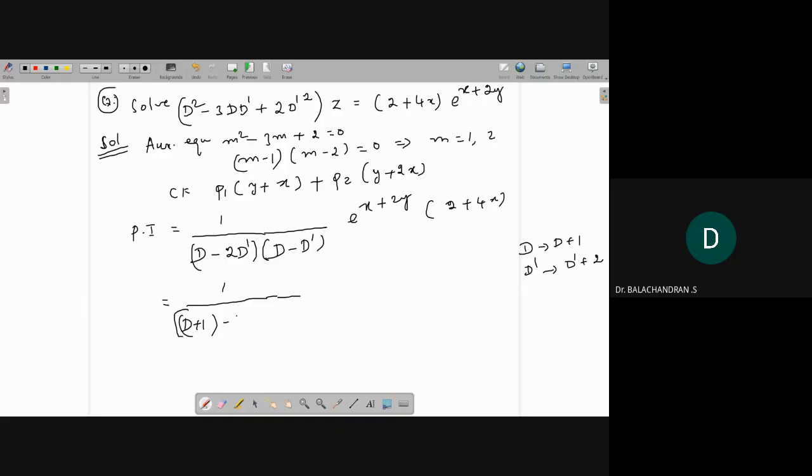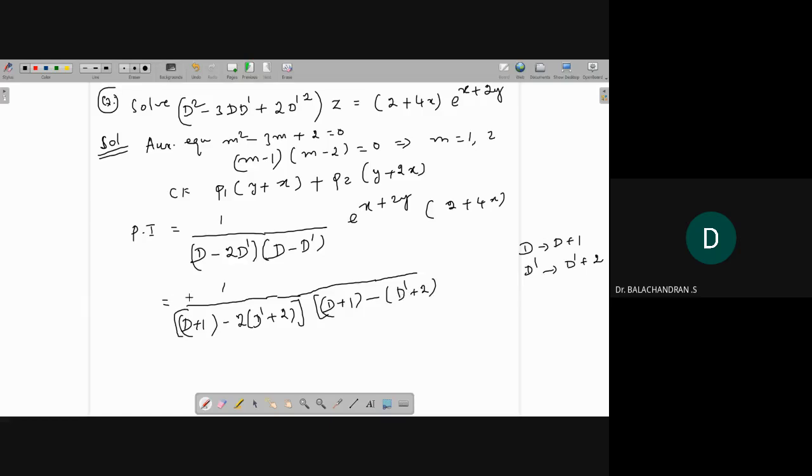So if you replace like this, you will get 1 by d plus 1 minus 2 into d dash plus 2, and d plus 1 minus d dash plus 2. Similarly here, d by d plus 1 and d dash by d dash plus 2.